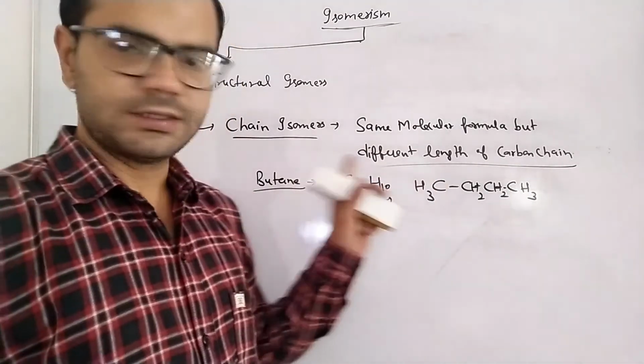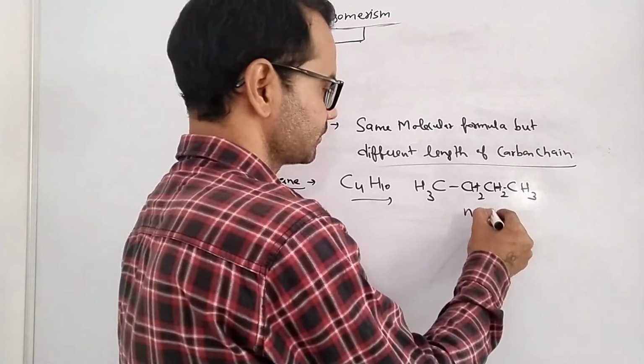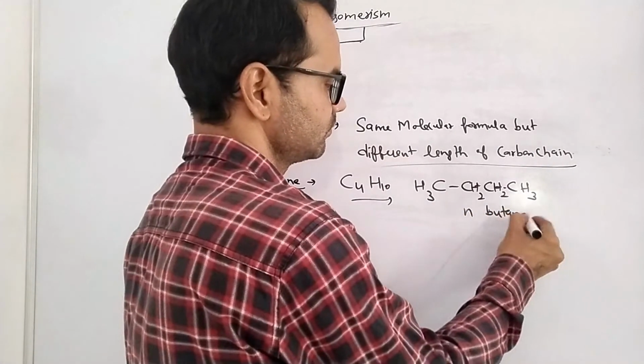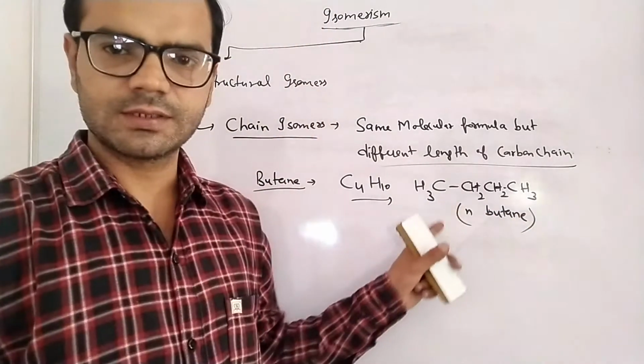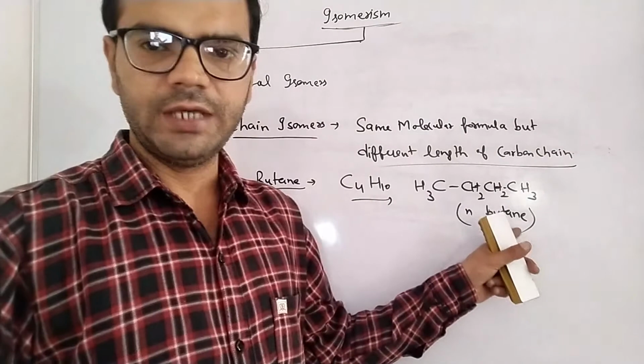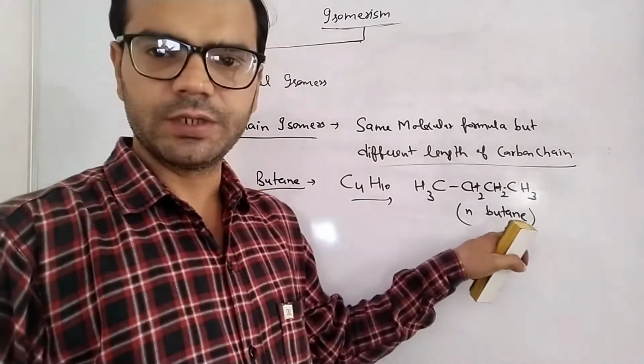So if the carbon chain is straight, then the isomer is called N, and we have the compound butane. So now this structure is N-butane.